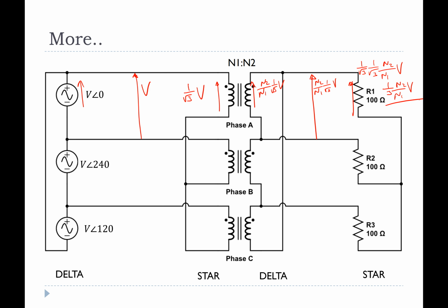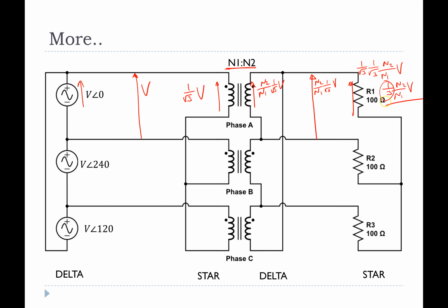So sometimes, because of the configurations of the transformer windings, you might find you put in V volts here, you have say a 1 to 10 transformation ratio here, but you don't get 10 times the voltage here. You get something else, and you might get just 1/3 of that.